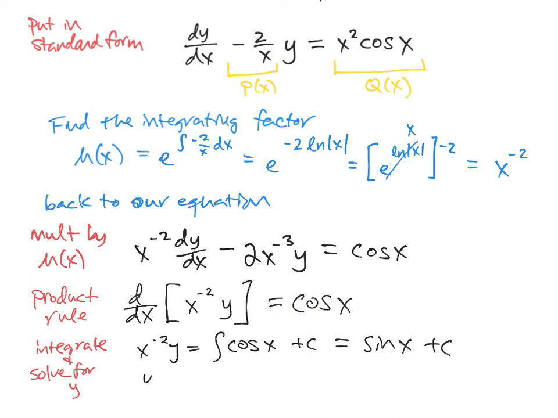And then we finally get y of x, the thing we're looking for, we'll multiply over by x squared, and we get x squared sine x plus constant times x squared. It's important that that x squared multiplies through both the sine x and the constant. And so anyway, this is our solution.